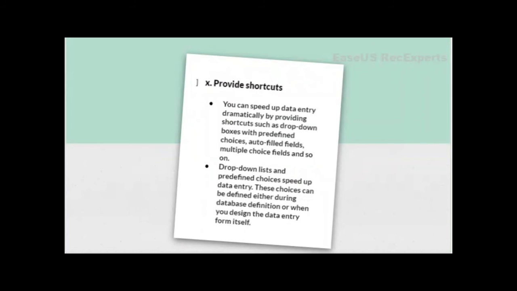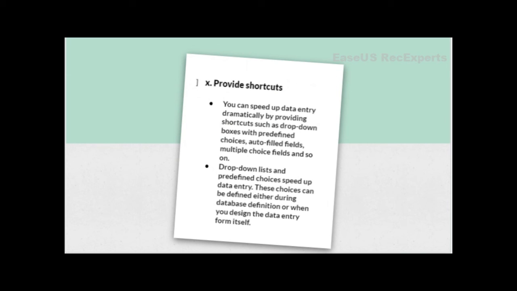So next is provide shortcuts. Drop down list we see is a proper shortcut, we can say. And auto filled fields should be there, multiple choice fields should be there. Like in our forms also, if we have to fill our forms, then MCA, MTech, MBMS, we are provided with the options, so it is easier to just click and our form is filled.